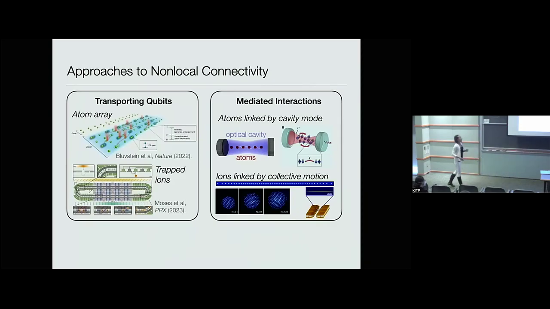And that is a way to very naturally get non-local connectivity, which in the simplest case, if you're just dealing with a single mode, will be all-to-all connectivity. And that's great for some applications, but my talk will be focused on whether we can go beyond that and break down this all-to-all connected graph and get to more programmable connectivity.